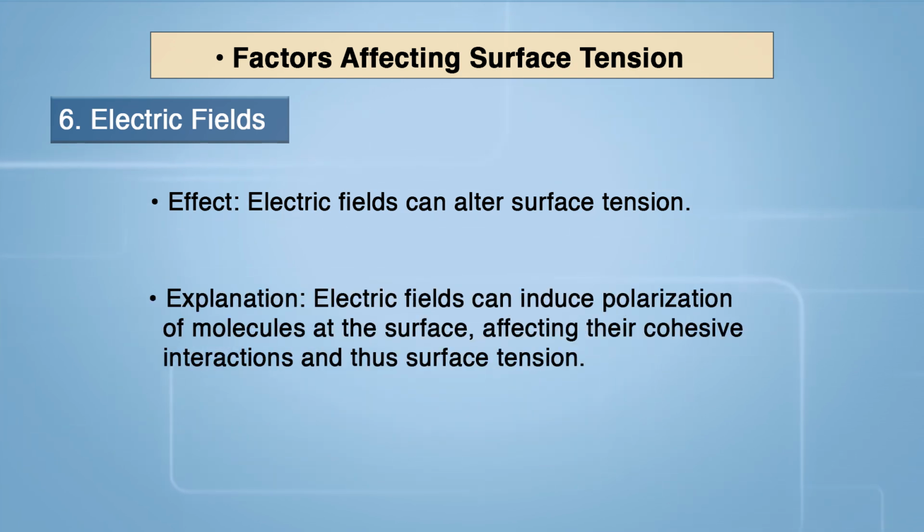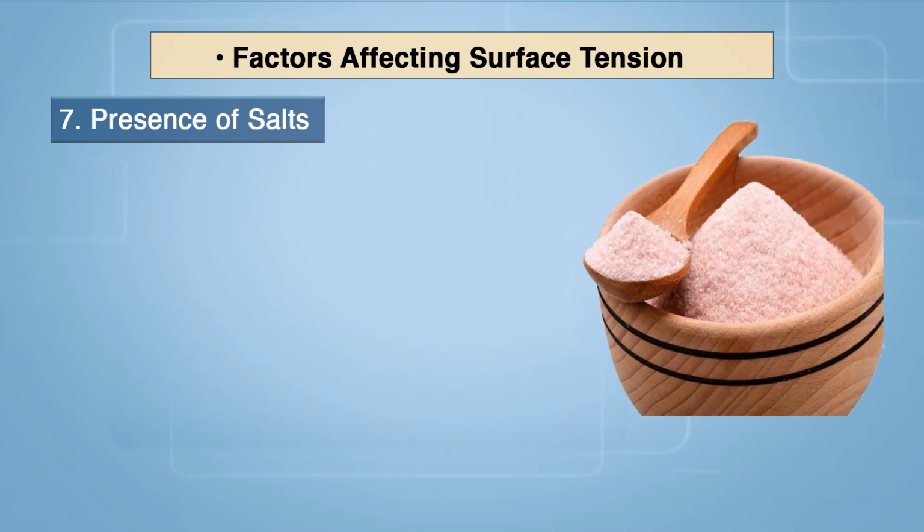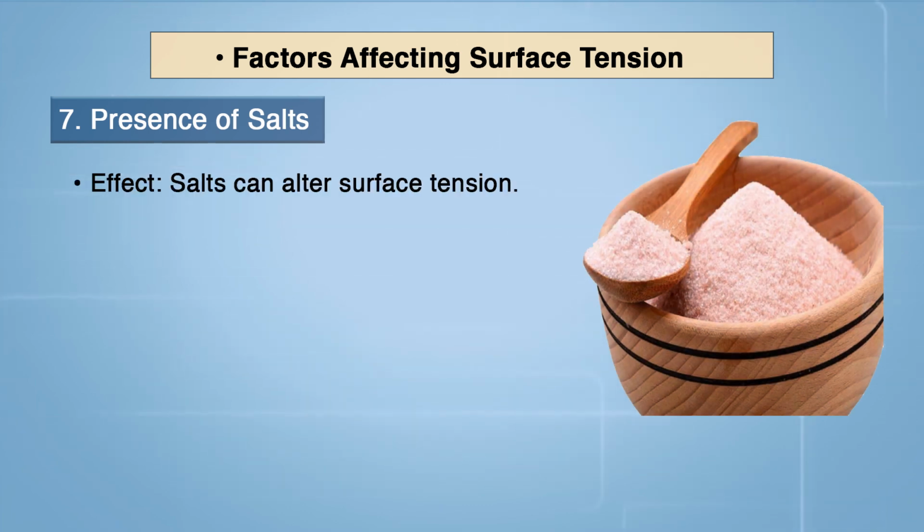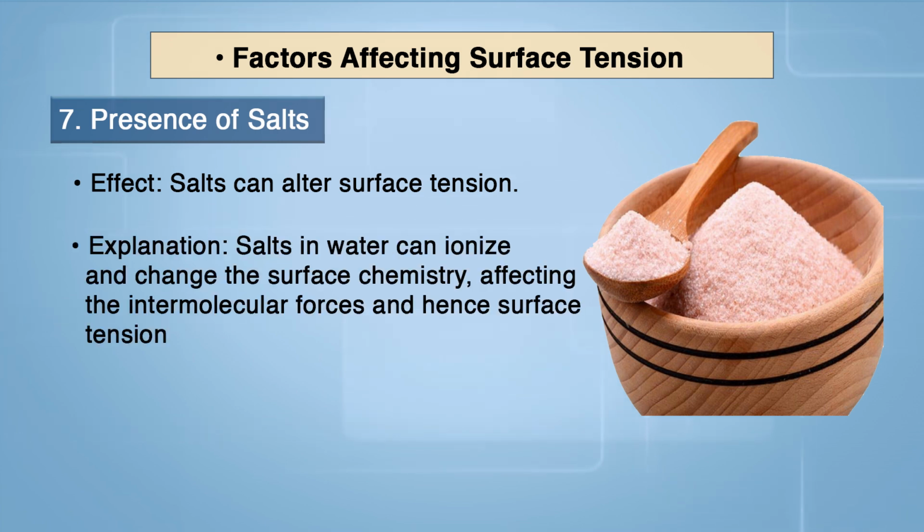Electric fields can induce polarization of molecules at the surface, affecting their cohesive interaction and thus surface tension. And presence of salts. Salts can alter surface tension as well. Salts in water can ionize and change the surface chemistry, affecting the intermolecular forces, and hence surface tension decreases.